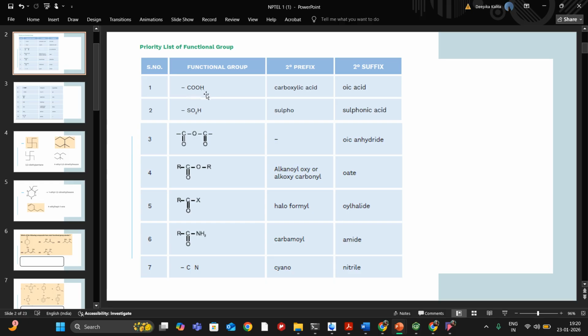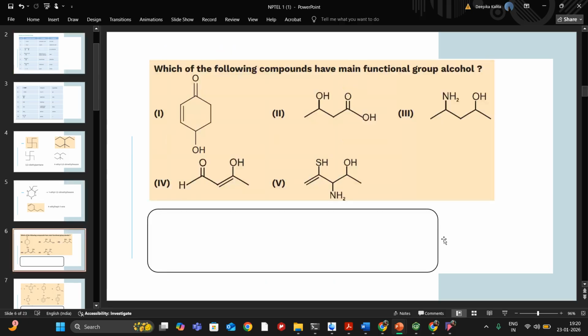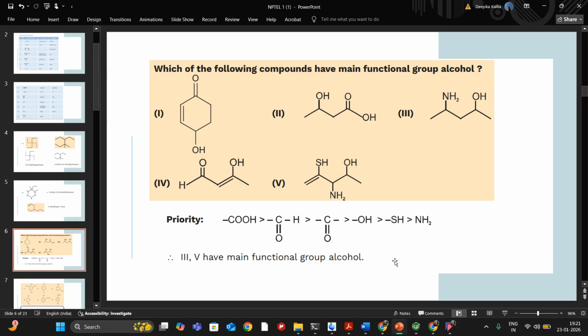Hence, we will go back to the question. Now you know that hydroxyl group has lower priority than aldehyde, ketone and carboxylic acid. Hence, out of these 5 compounds, only 2 will have the main functional group as alcohol, which will have the thiol and amine group.